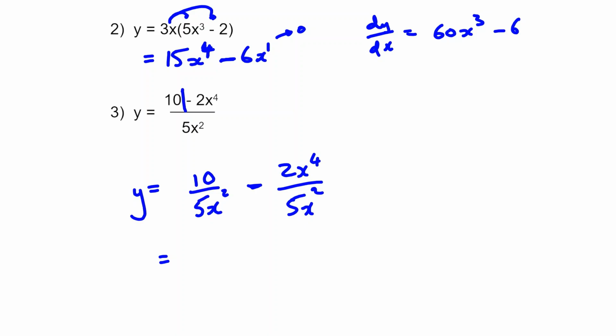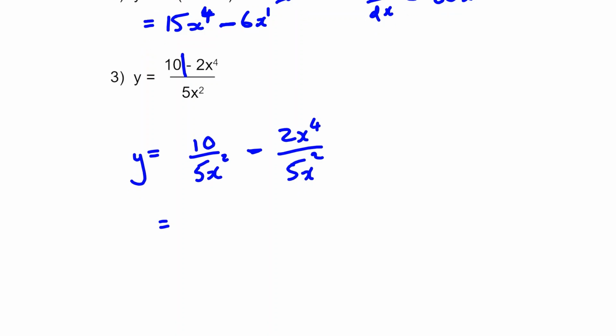So we can do what we did before with our powers of x. So in the first one, we've got 10 divided by 5, which is 2. And we've got this x squared on the bottom, so this is going to be x to the minus 2. We'll deal with the numbers on this second term. So we've got 2 over 5.